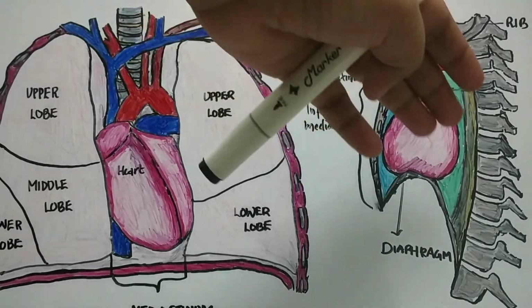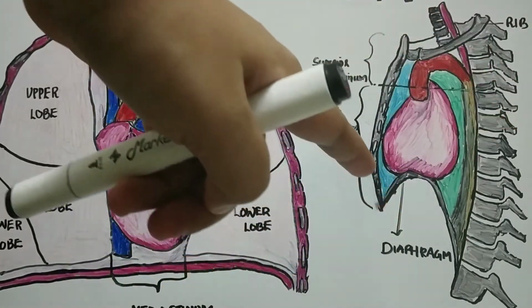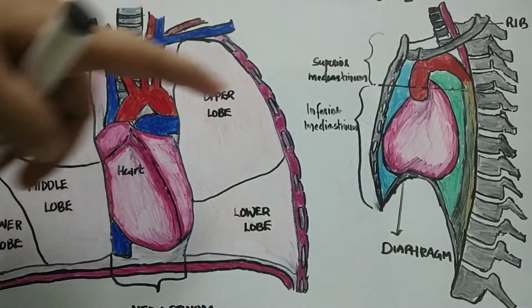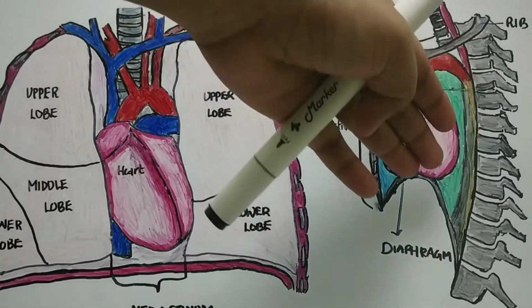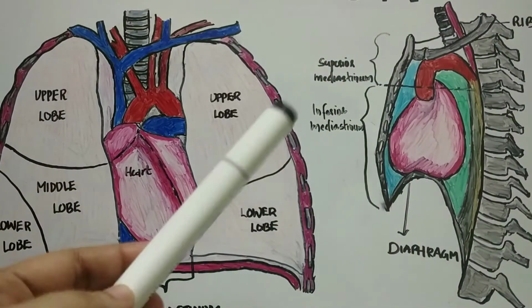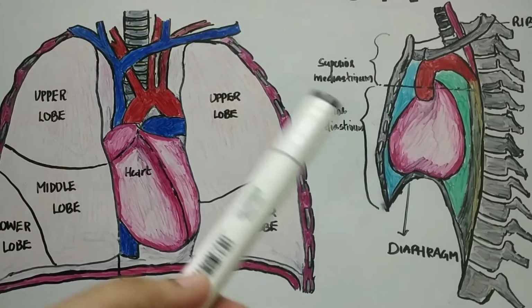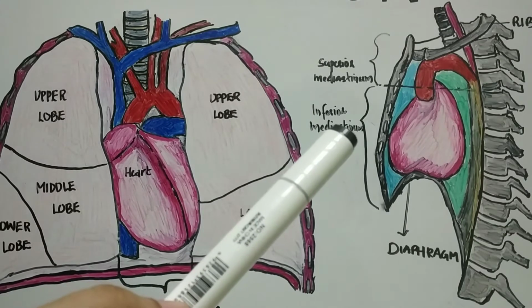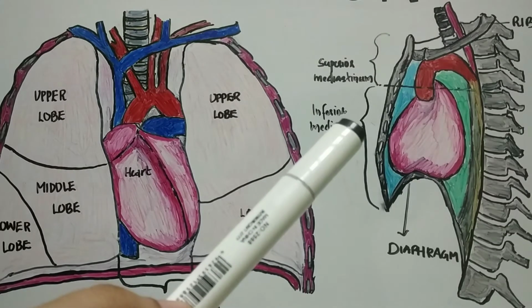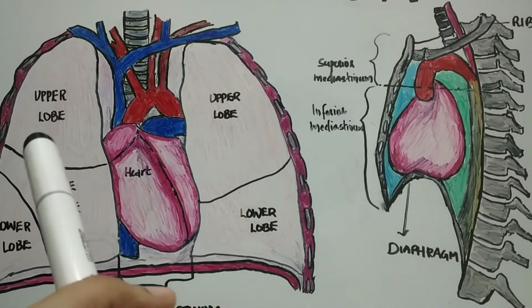The veins are the lower half of the superior vena cava and the terminal part of the azygos, which you cannot see in this figure, and also the right and left pulmonary veins. The nerves are the phrenic nerve and deep cardiac plexus, the lymph nodes are the tracheobronchial nodes, and the tubes are the bifurcation of the trachea and the right and left principal bronchi. These are the contents of the middle mediastinum.